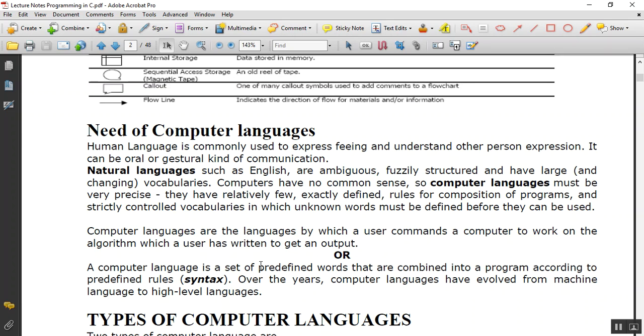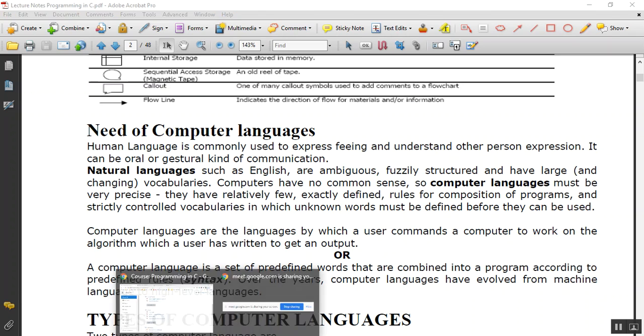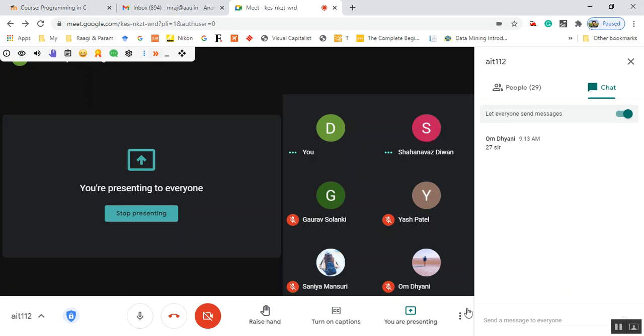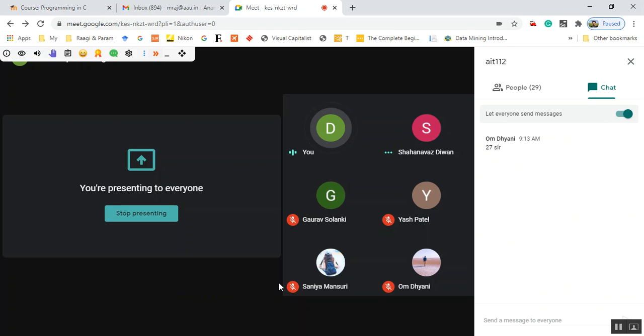Before I explain why these few words were selected, I would like to know how a computer works. You have already learned computer, isn't it? You already learned computer. You know how a computer works. I would like to know how it actually works. Can you explain in brief that it requires so and so kind of things?